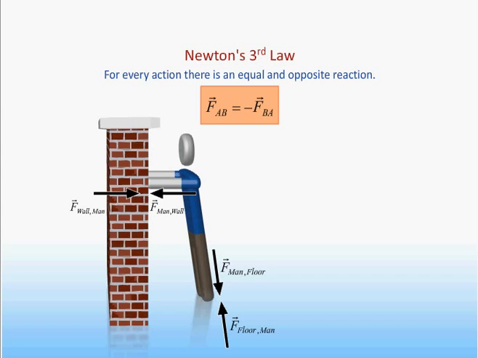F man wall, therefore, means the force exerted by the man on the wall, and F floor man means the force exerted by the floor on the man. With this notation, it is clear which forces are the third law pairs. For every F AB, there must be an equal and opposite F BA.